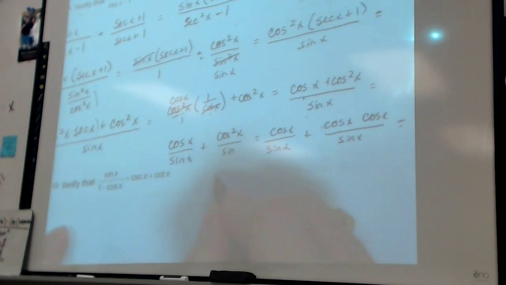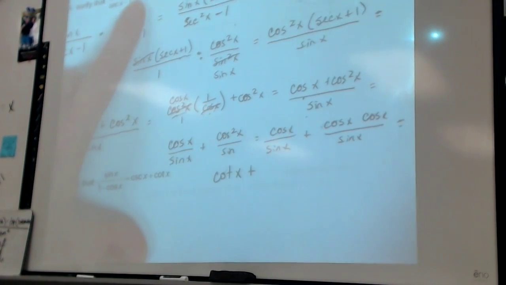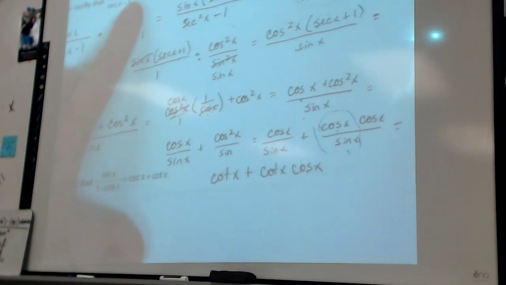Cotangent. Okay, we're getting there. All right, plus, what's cosine x over cosine x? We got another cosine over sine right here. I mean cosine over sine is cotangent. So another cotangent x, and then just the cosine x. So this was cotangent times cosine.